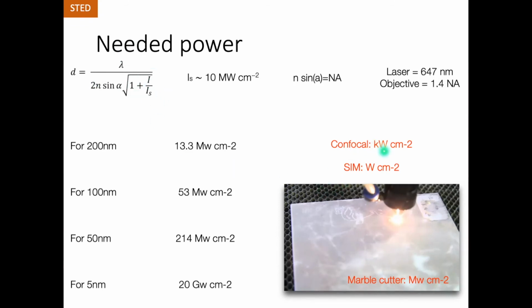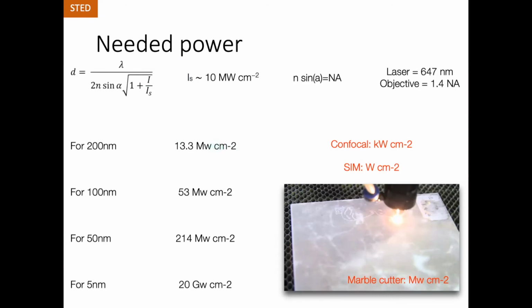So just for your information, a confocal microscope uses about kilowatt intensity. So already you see these numbers. It's 3 orders of magnitude stronger than confocal microscopy. So you need a quite brutal laser to get this depletion beam.